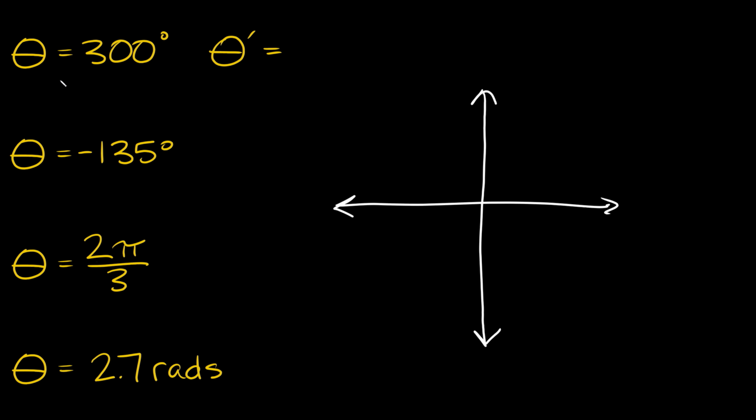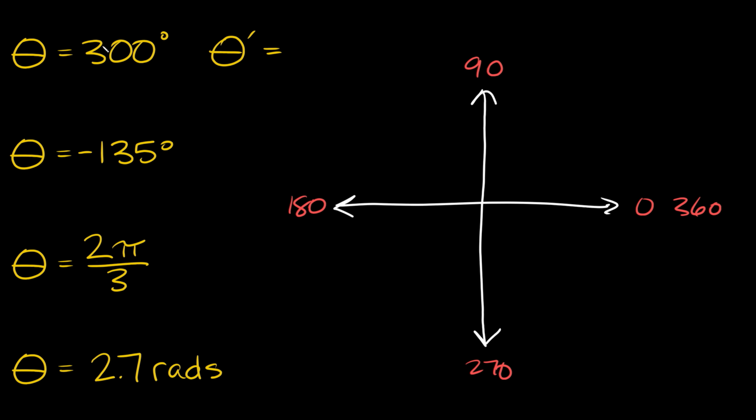The first thing we have to do is simply draw the angle we're given, which is 300 degrees. Here I already have my x-axis and y-axis. Since we're talking about degrees, we can label this graph as 0 degrees, 90 degrees, 180 degrees, and 270 degrees. And if we go all the way back, that's 360 degrees.